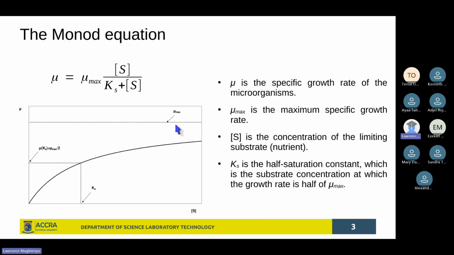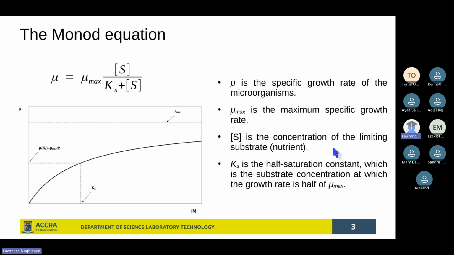So as we continue, when we are looking at the growth kinetic curve of the microbes, you can relate to that to say that yes, there's a maximum growth rate that a microorganism reaches in that curve, and of course you have on the horizontal axis the substrate concentration.